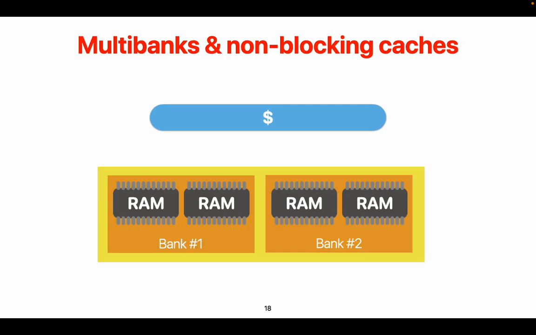The idea of a non-blocking cache is not actually making your cache or the lower level memory hierarchy able to activate two word lines at the same time.